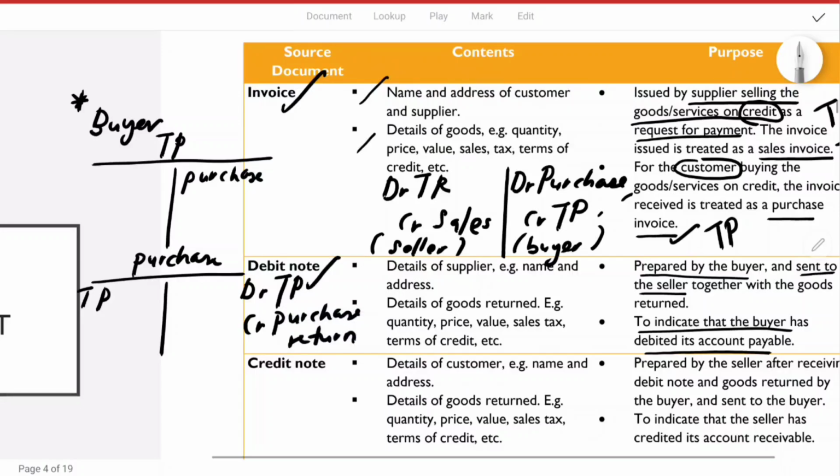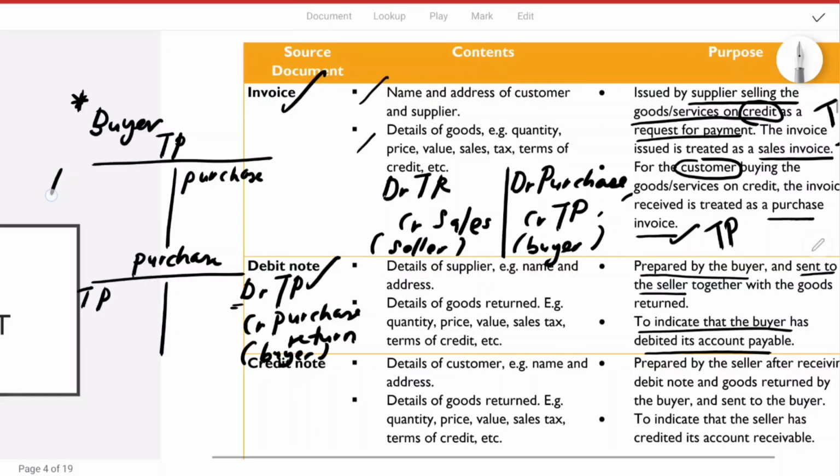I already explained this one about the purchase return. So debit for the second transaction, when there is a return, the buyer records this. Let me note here: this is the buyer's record. This is why the document is called a debit note, because you debit trade payable.